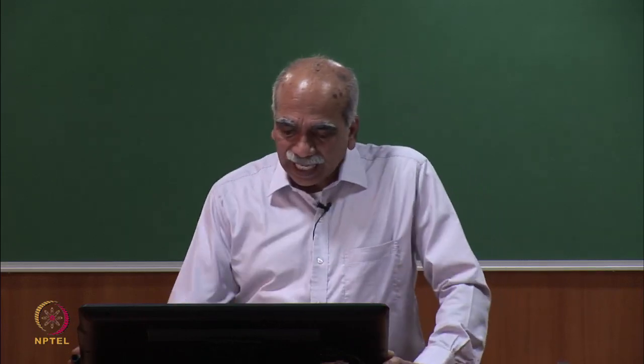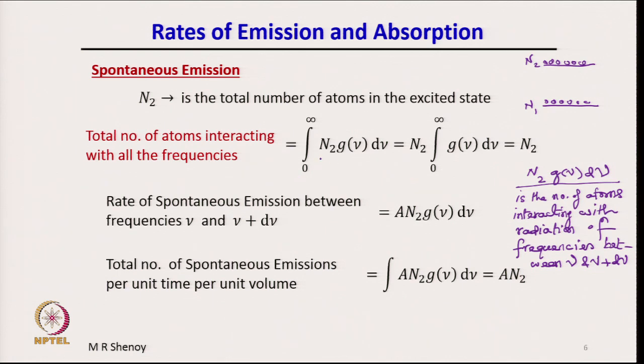And therefore, if we integrate N2 into G nu d nu from 0 to infinity, N2 is a constant, so N2 comes out, and the integral of G nu d nu from 0 to infinity is 1, and therefore this is equal to N2. So it is consistent: the total number of atoms interacting with all the frequencies is the same, N2.